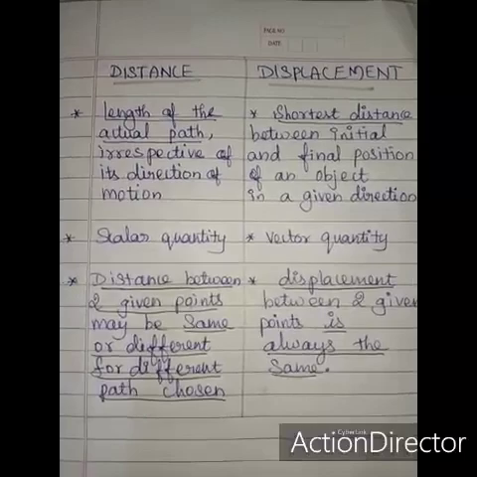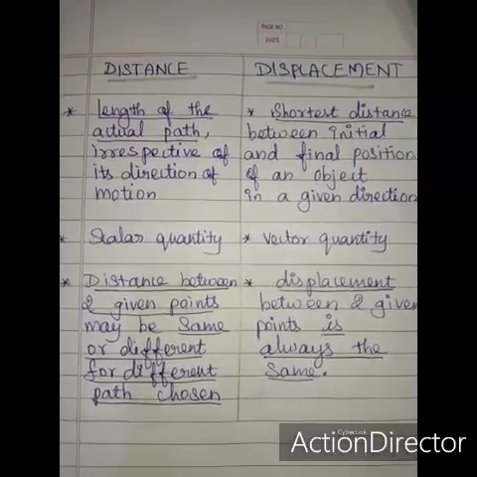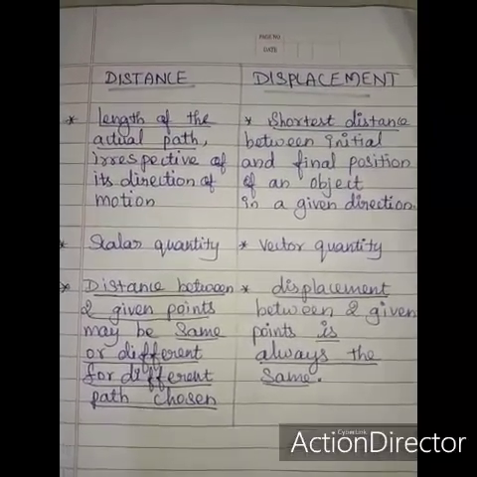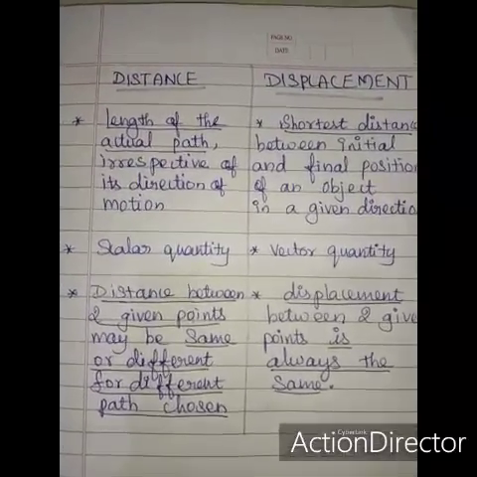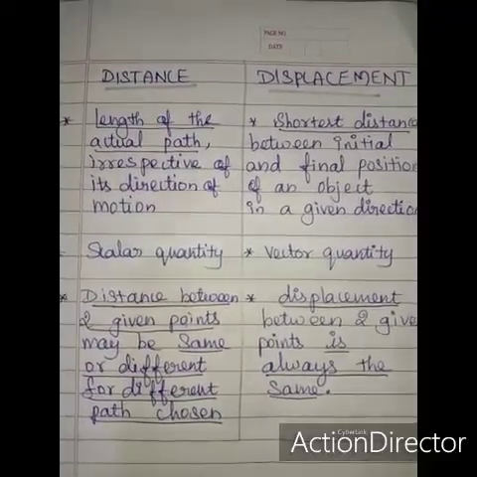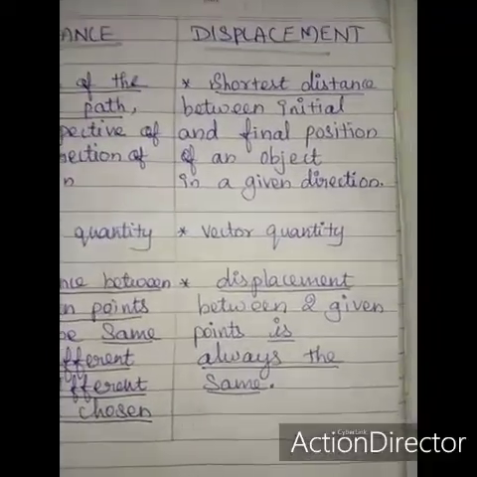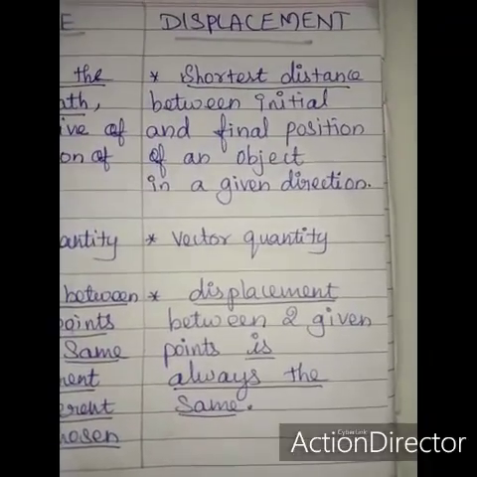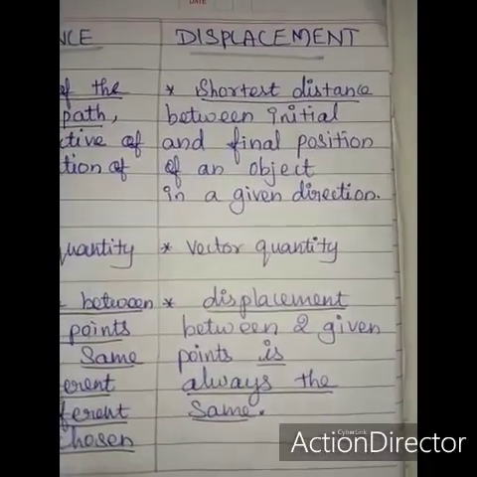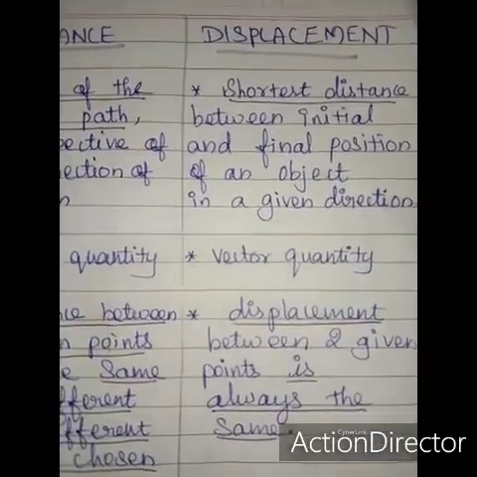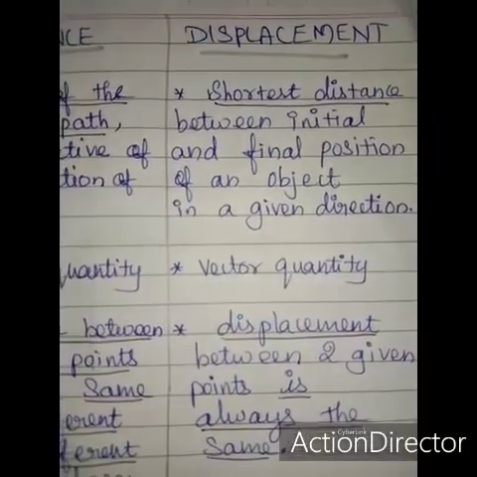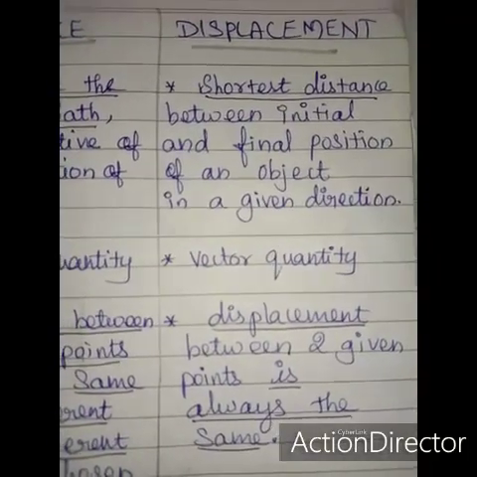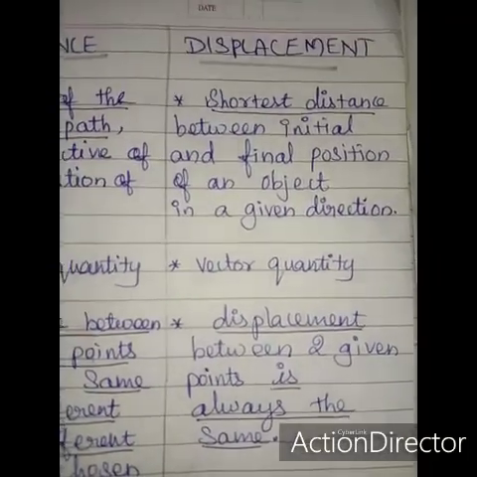Distance between two given points may be same or different for different paths chosen. But for displacement, the values are always the same between two given points. Displacement is the shortest distance between two points, so the value is always the same for two points.